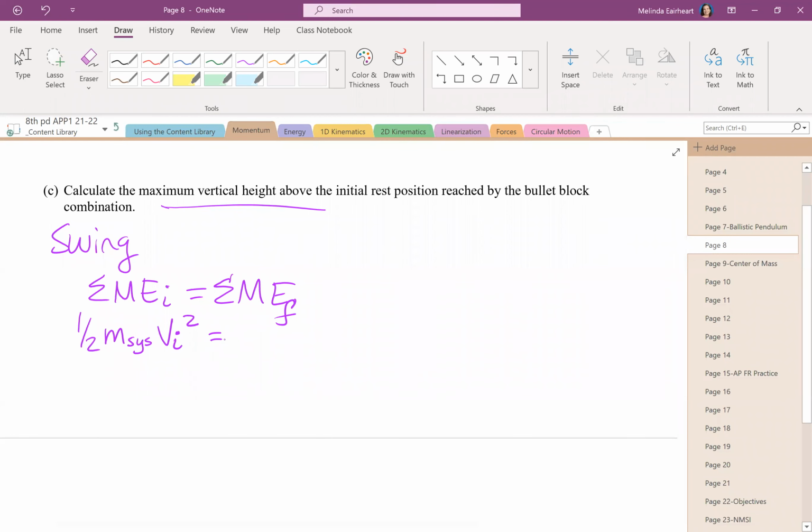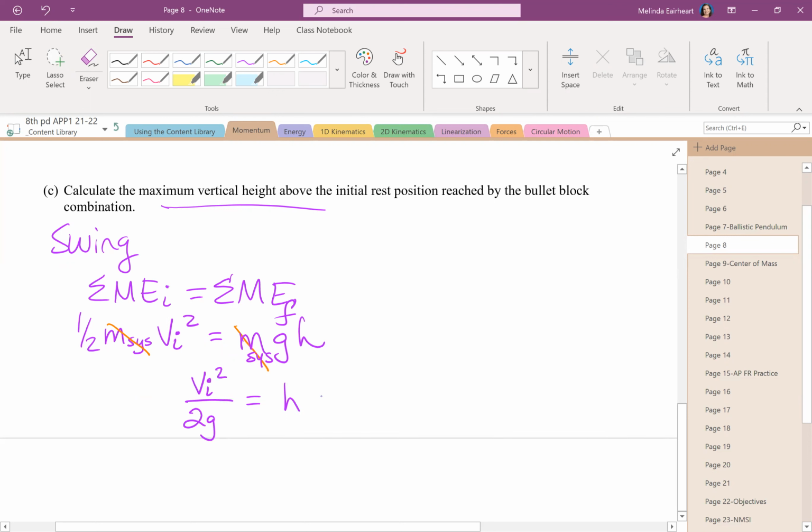At the end, when it swings to the high point, we got that MGH, and it's a system mass. What can happen? Cancel the system mass. Now we're going to be solving for the height this time. So divide both sides by G, and it basically becomes VI squared over 2G.